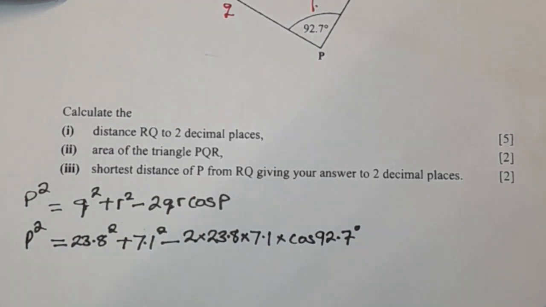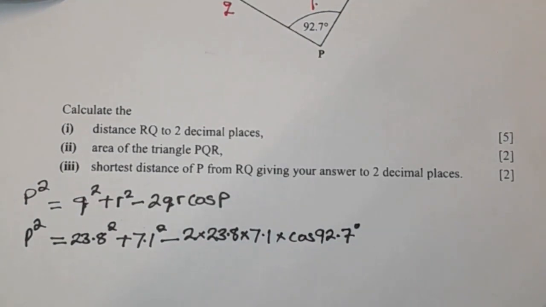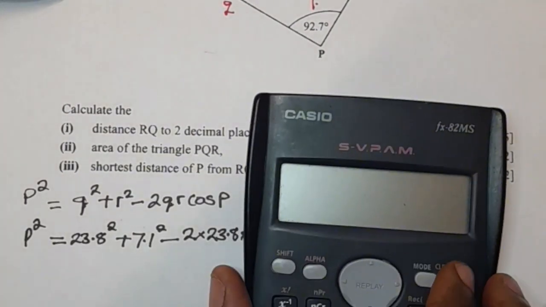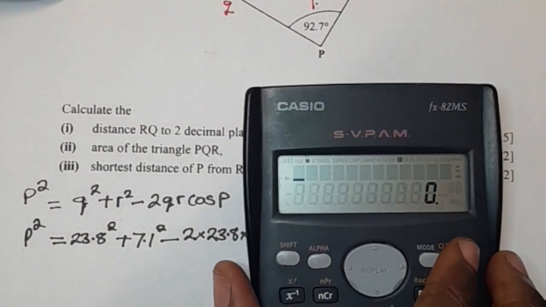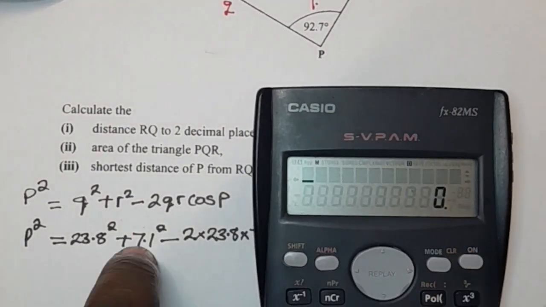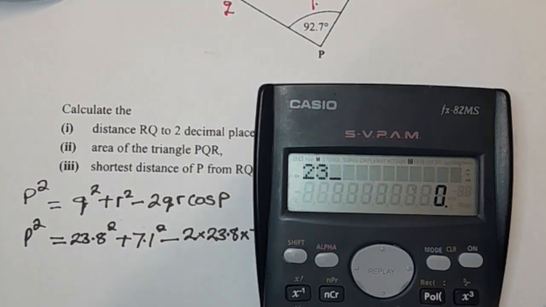With that, we need to simplify this and find the value of p. When you reach this stage, you can use your calculator. Let's punch in these numbers. We are going to say 23.8 squared plus 7.1 squared.